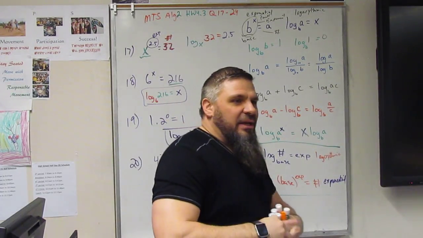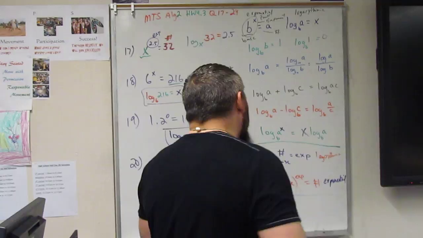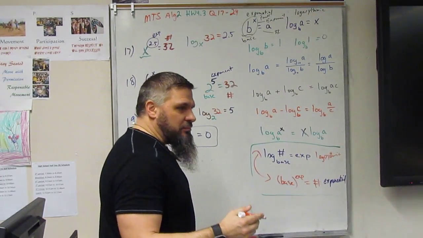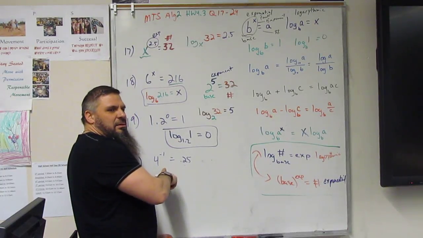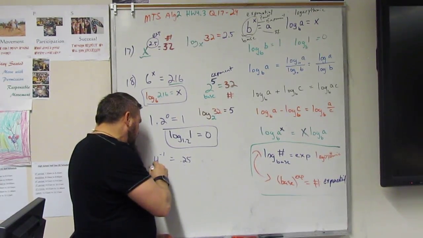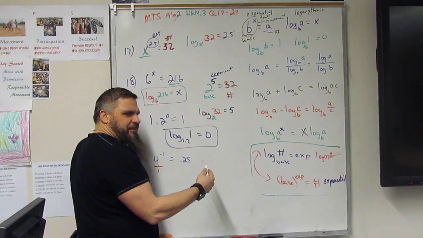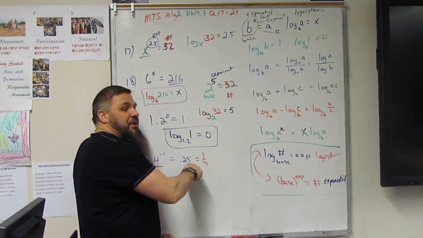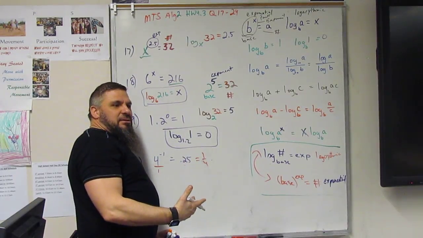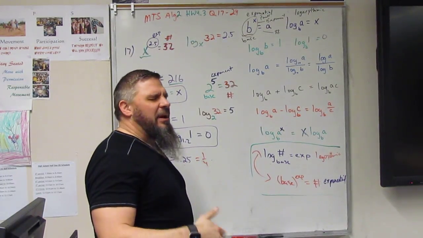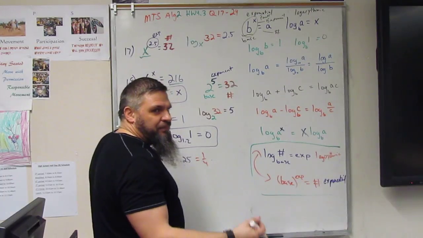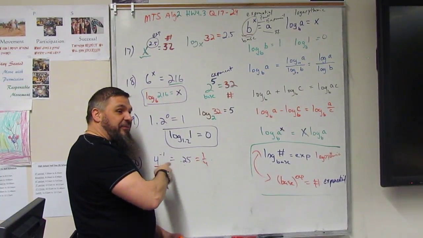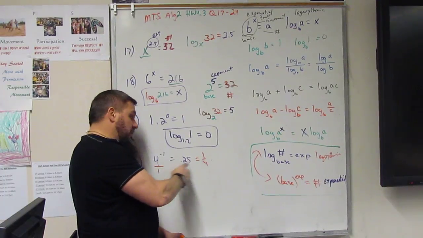Now, for number 20, this is the hard one. Remember, the negative exponent is just taking this number and flipping it, and saying that it equals 1/4, which is a quarter. Does that make sense? We should know that about our exponents: negative exponents just flip the number.